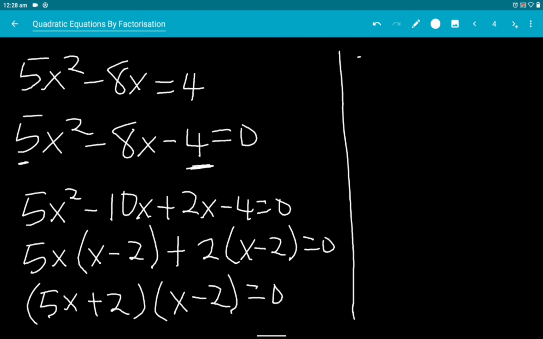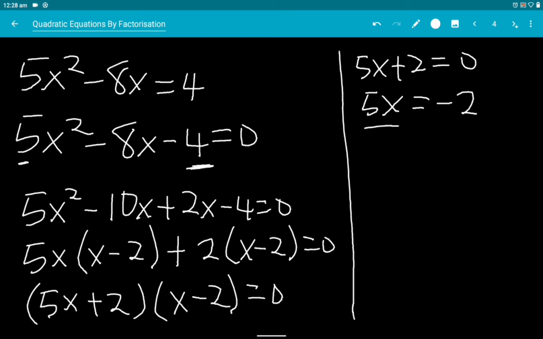From here, I can now equate my equations to get my answer. So I have 5x plus 2 is equal to 0, which means 5x is equal to negative 2, sending the 2 to the other side of the equal to sign. Then I divide both sides by 5 to make my x stand alone. So I have x equal to negative 2 on 5 as my first answer.